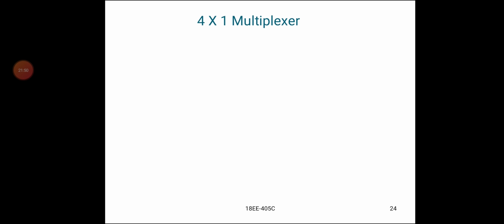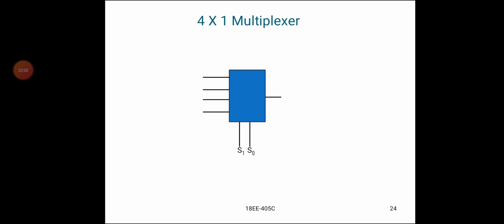A 4x1 multiplexer is shown in the slide. It consists of two selection lines S0 and S1, 4 inputs, one enable input, and a single output line. 2 to the power of 2 means 4 inputs.